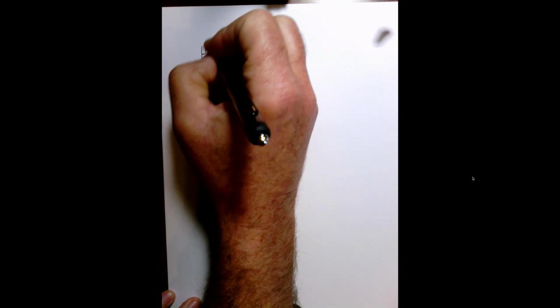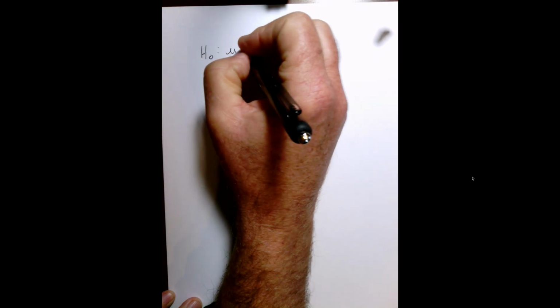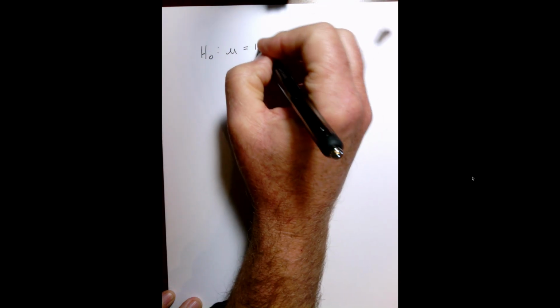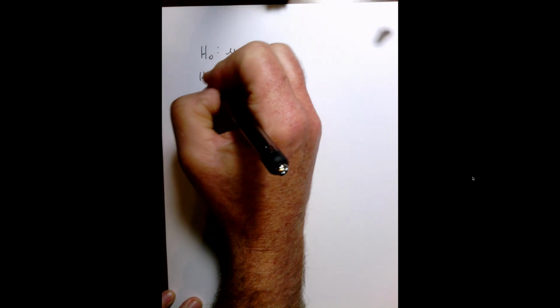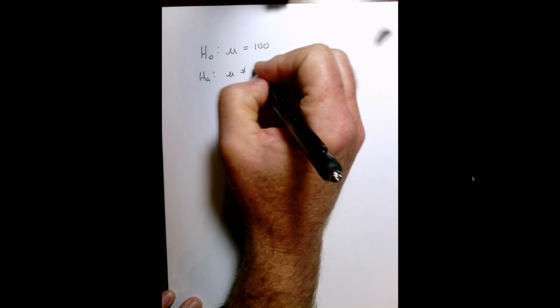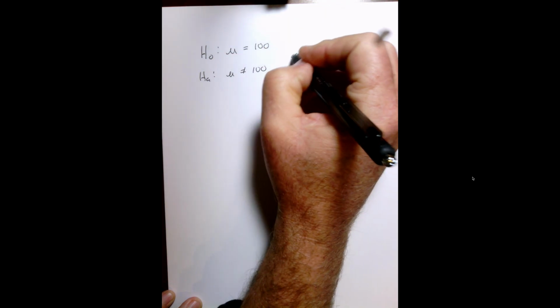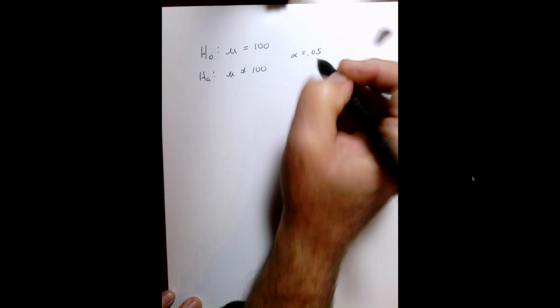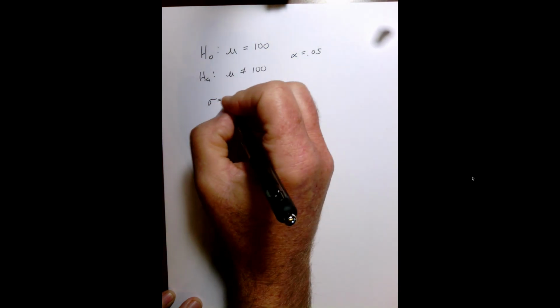So let's say, for example, that we are testing a claim that a population mean is equal to 100 versus population mean not equal to 100.